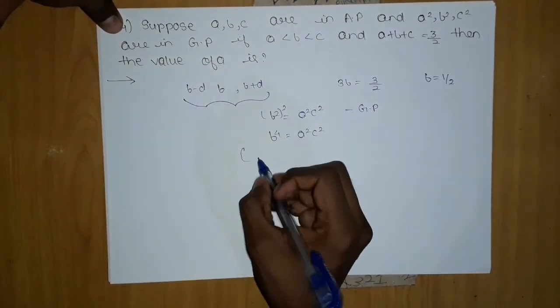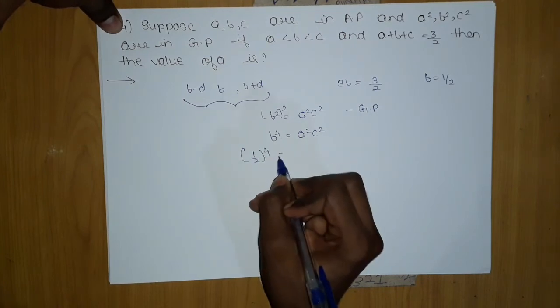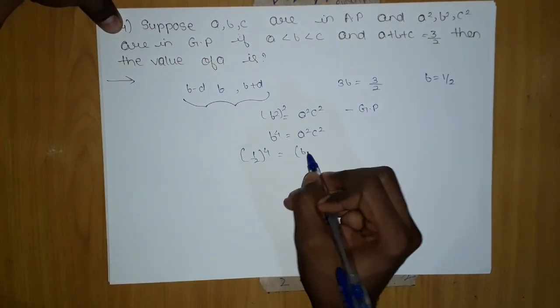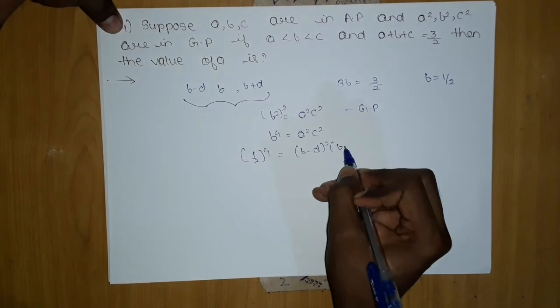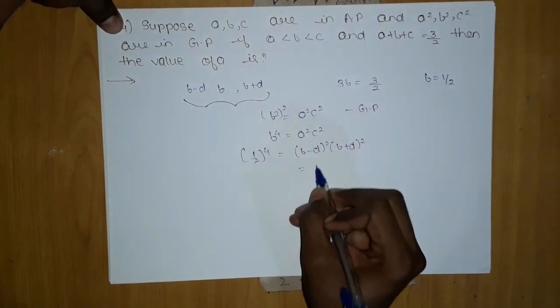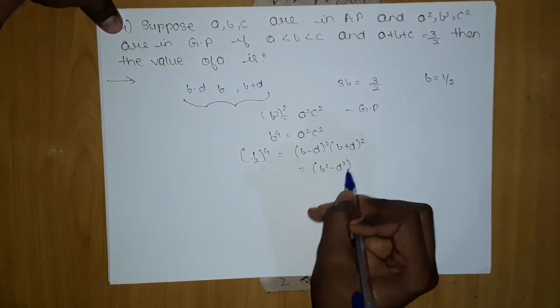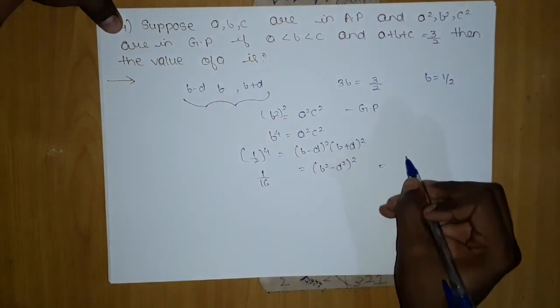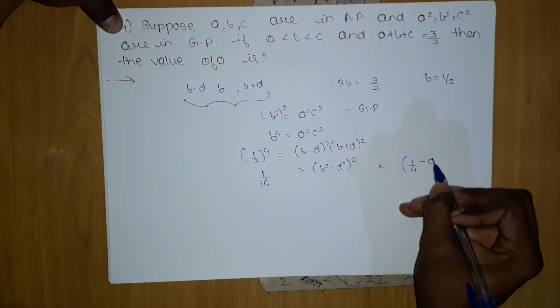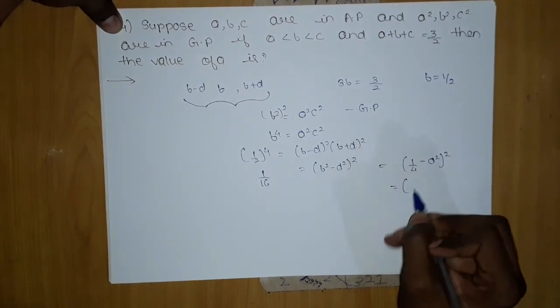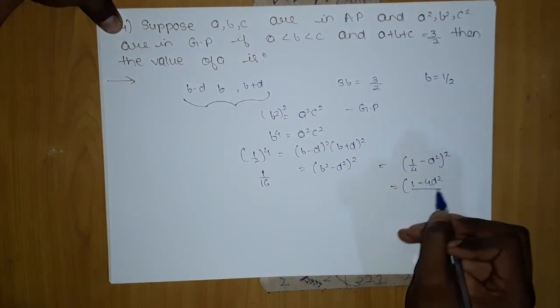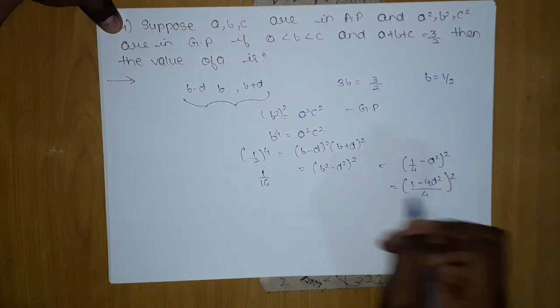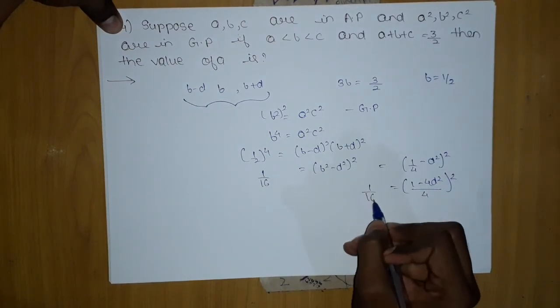Now what I have, b to the power 4 as 1/2 to the power 4, and this is b minus d the whole square, and this is b plus d the whole square. So what I get, b square minus d square the whole square, and here it will be nothing but 1/16. If I get 1/4 minus d square the whole square, here it will be nothing but 1 minus 4d square upon 4 the whole square. This gets me 1/16.